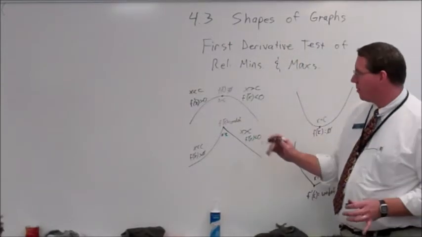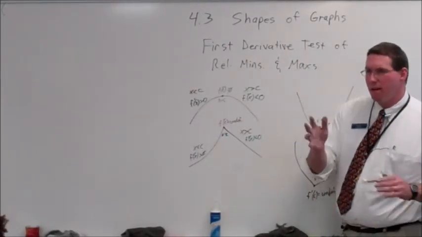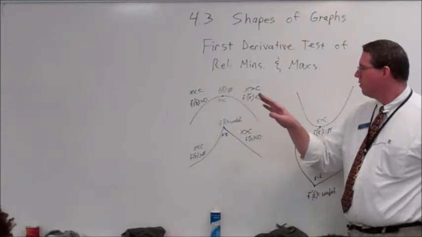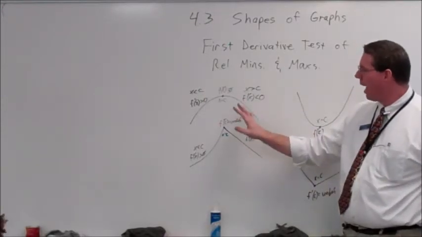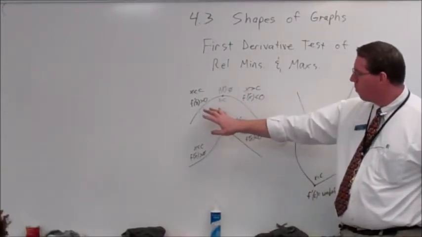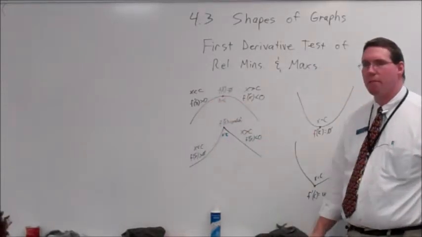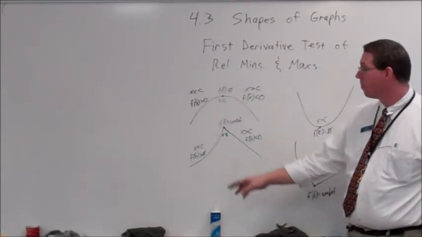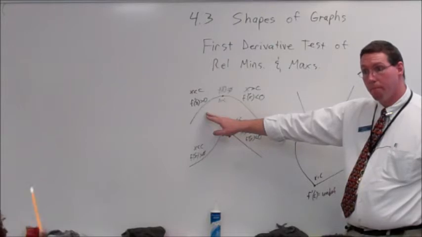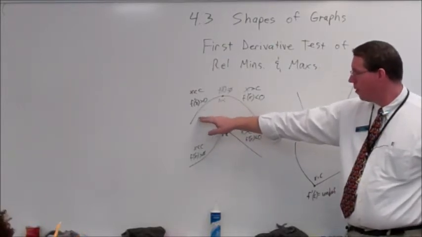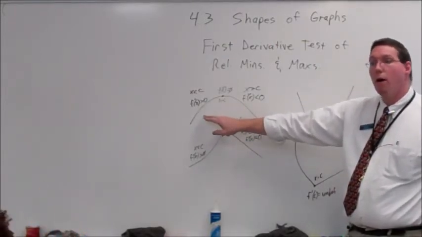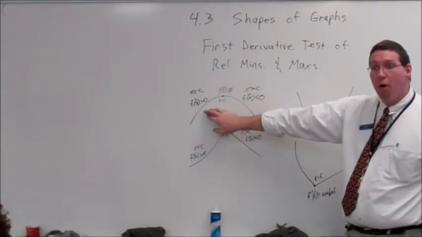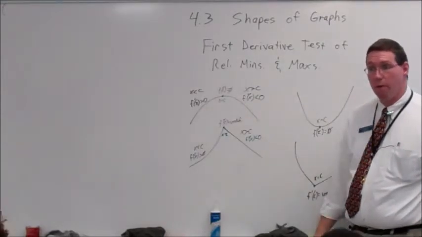Without using mathy terms, can anybody in this room describe basically what happens in this whole procedure of achieving a maximum? Okay, we have to go from a positive slope to a negative slope.